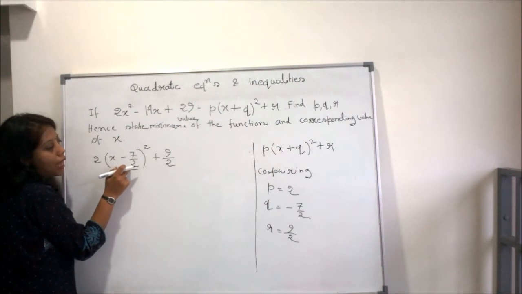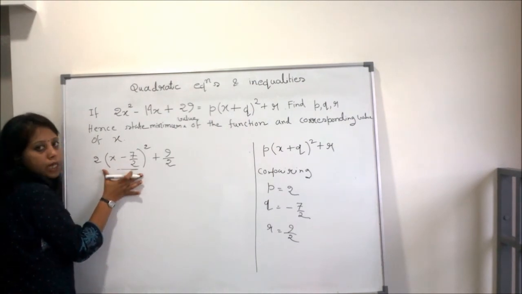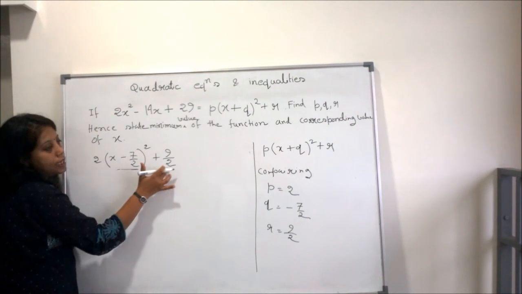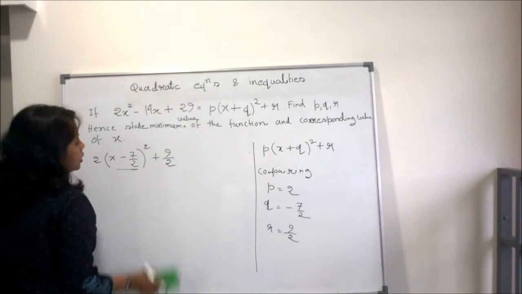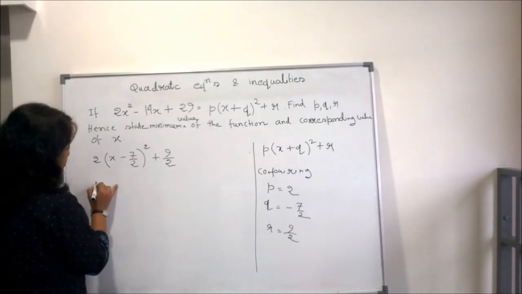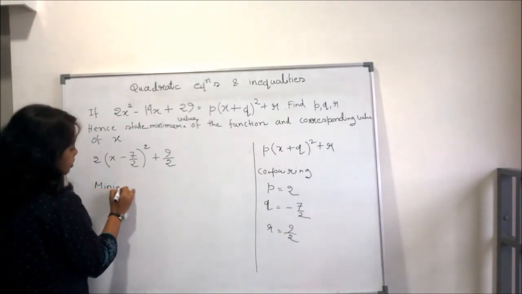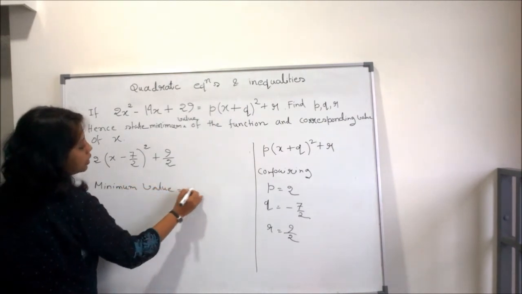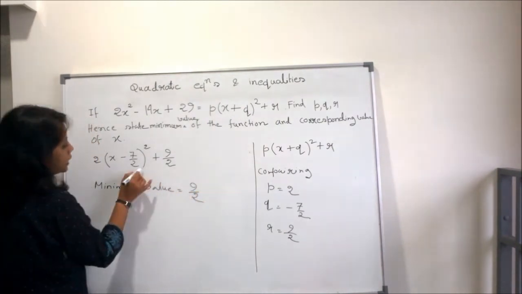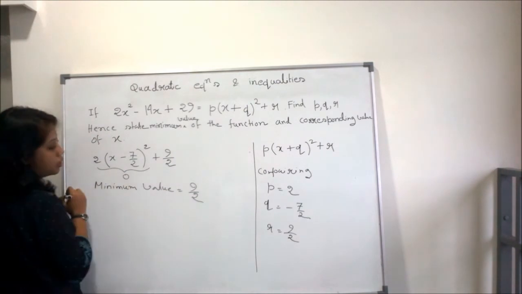So the minimum value of this part is 0. It is a constant part, it cannot be changed. So the minimum value will be 9/2, as this may be 0.